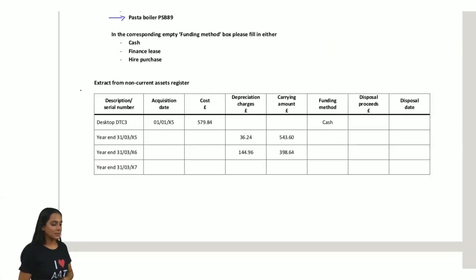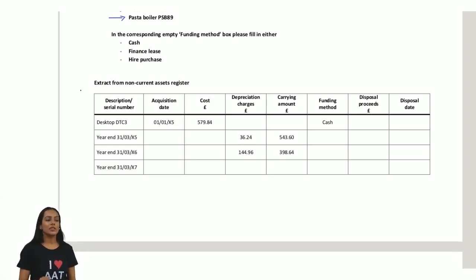as carefully as possible. So we've got the desktop DTC3, the acquisition date was on the 1st of January 15 and the cost was £579.84. The funding method in this situation was by cash. For the year ended 31st of March 15, we have depreciation charges of £36.24. You can see in this situation that we don't have to calculate the depreciation, nor do we care how it was calculated.